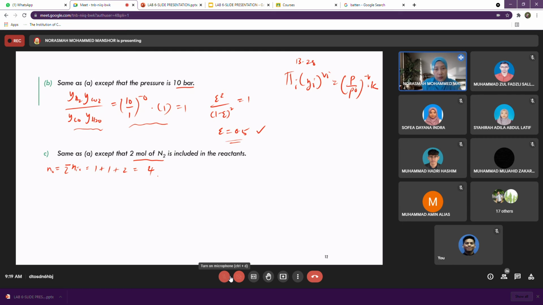Okay, N naught sekarang 4. Yang N2 ni dia tak involve dalam reaction tapi dia as inert. So yang equation 13.28 tu, disusunlah balik dia punya YI sekarang dah jadi N0 sekarang 4 kan.